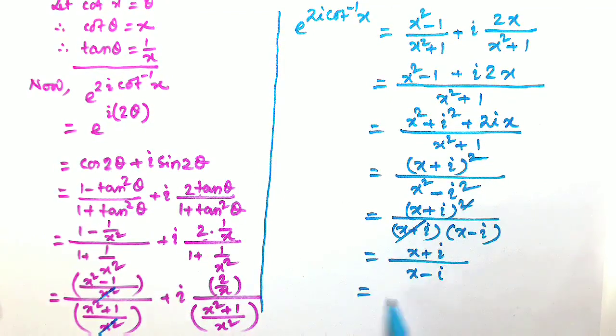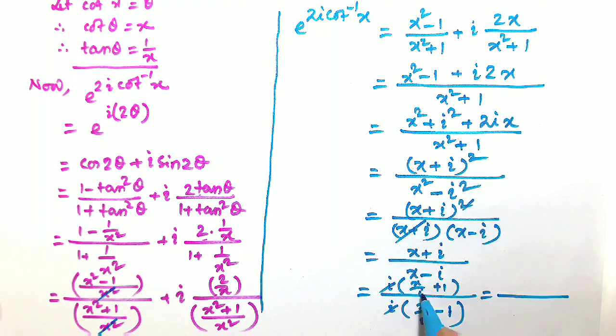Friends, we take i common. So i into x upon i plus 1 divided by i into x upon i minus 1. Okay. This i is cancelled now. So we are getting this as 1 by i means minus i.